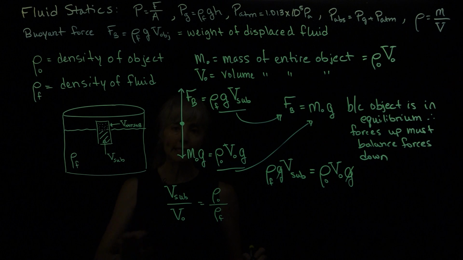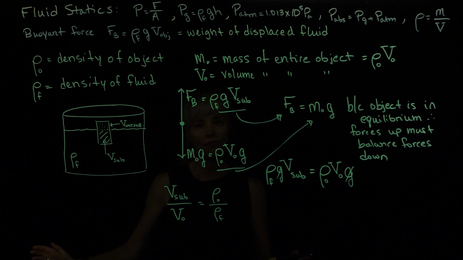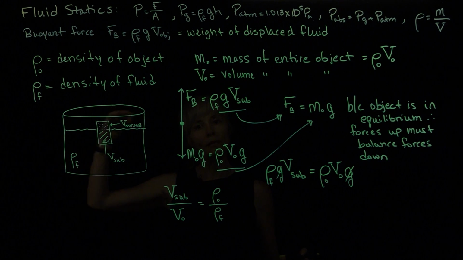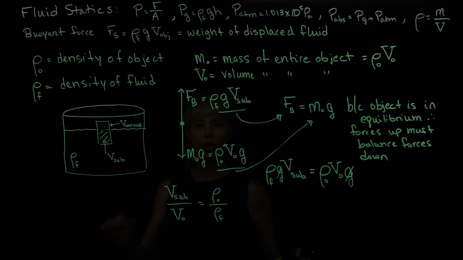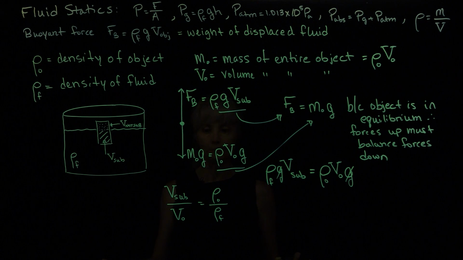So I can predict what percentage or what fraction of an object's volume will be underneath the surface if I know the density of the object and the density of the fluid that the object is going to be partially submerged in.